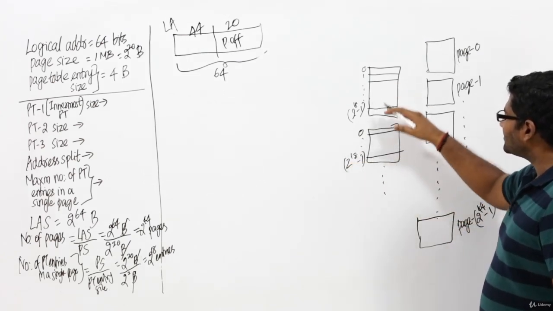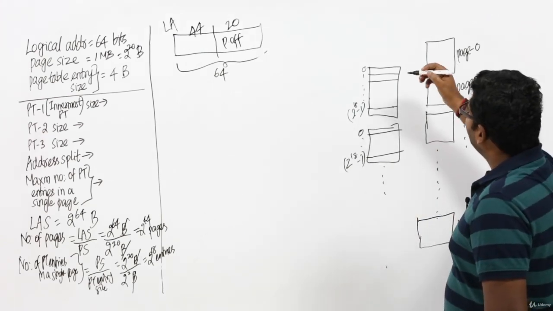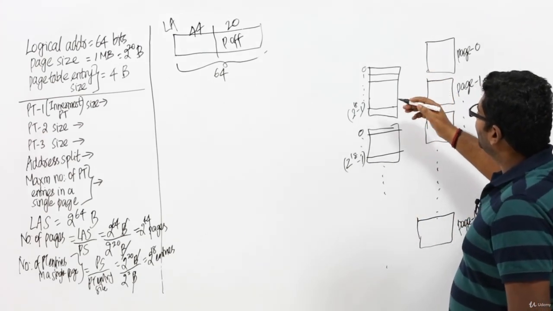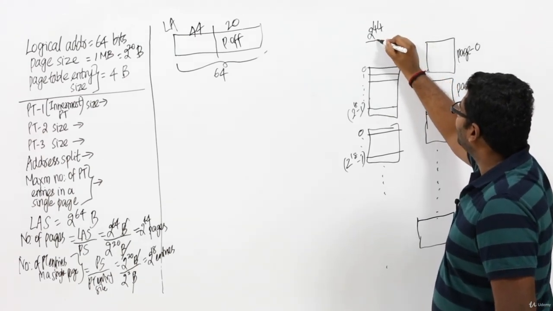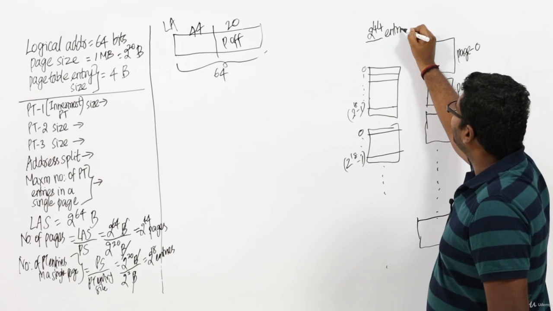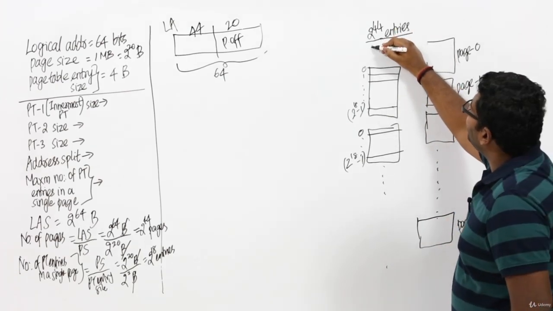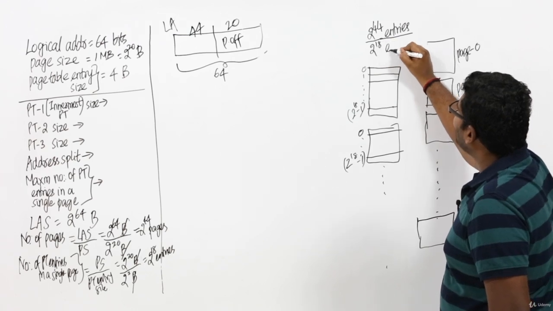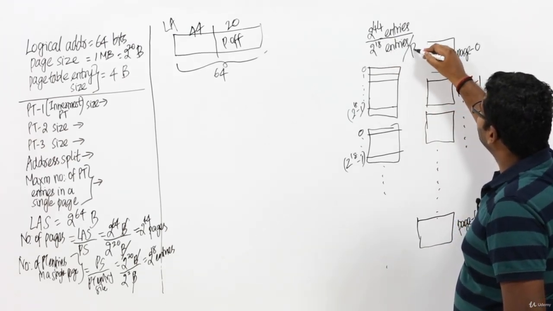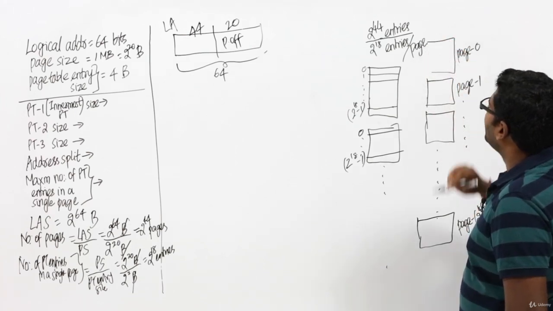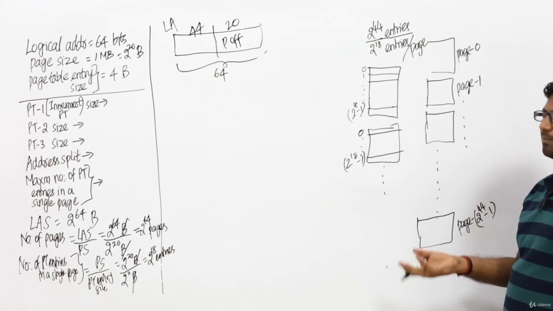Now how many pages will this level of page table have? Actually, that really depends on the fact that we have a total of 2 power 44 entries. 2 power 44 entries divided by 2 power 18 entries per page, right? 2 power 18 entries per page, which means I can maintain 2 power 18 entries in a single page.